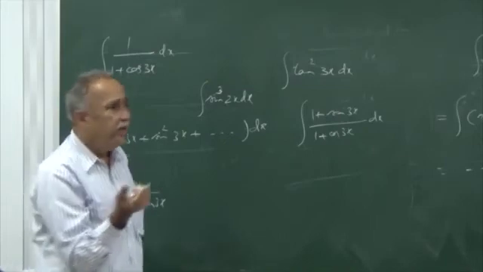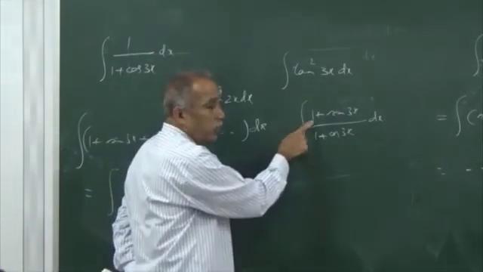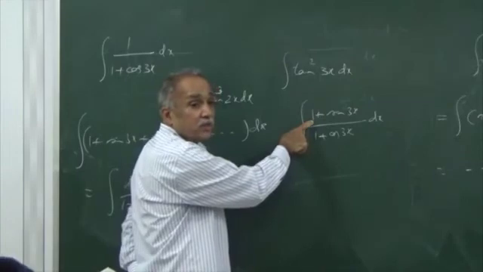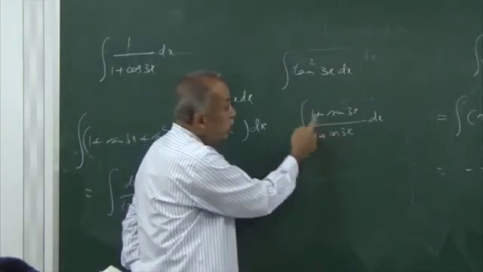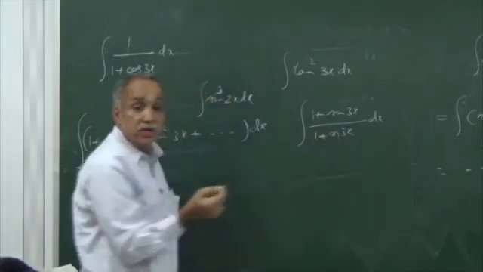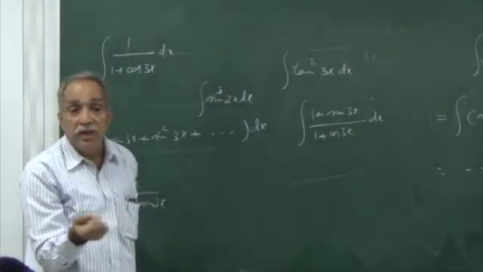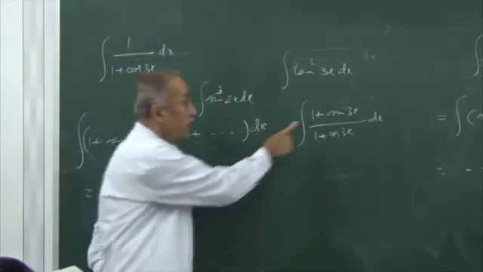We can integrate. One correction, no need to write this 1 as sin square plus cos square. We can retain it. This is 2 cos square 3x by 2. 1 by 2 cos square 3x by 2 is direct secant square 3x by 2, directly integrable. No need to break this.